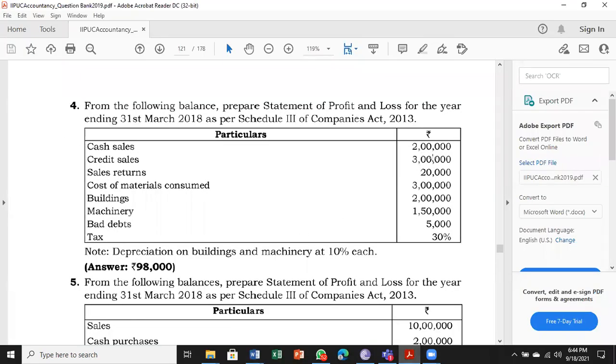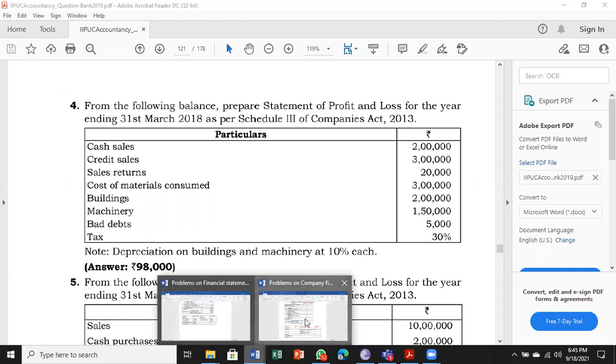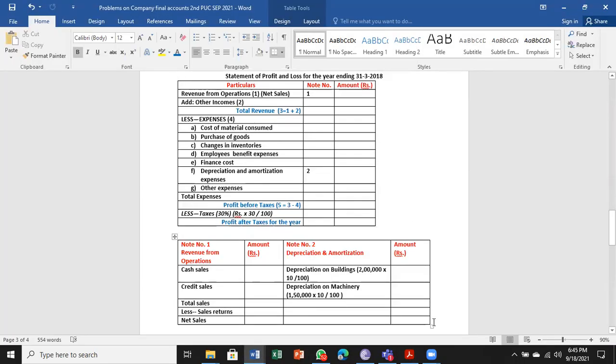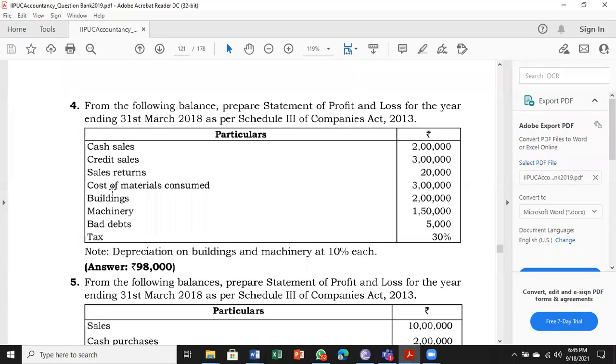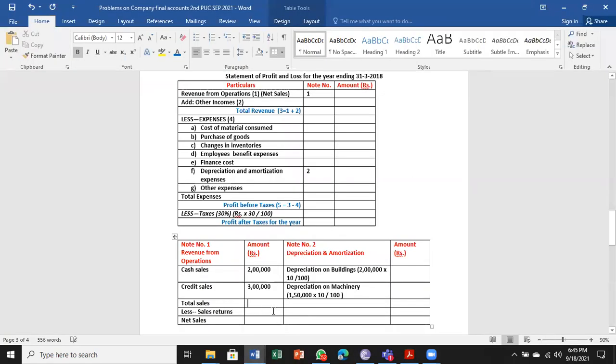Cash sales 2 lakhs, credit sales 3 lakhs, and you have sales return 20,000. So that we have to take like this. We have to first do total sales.